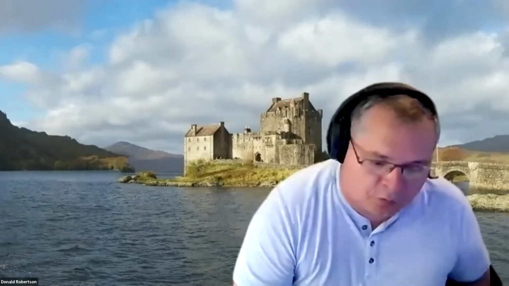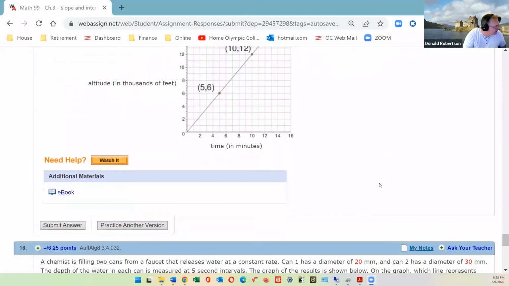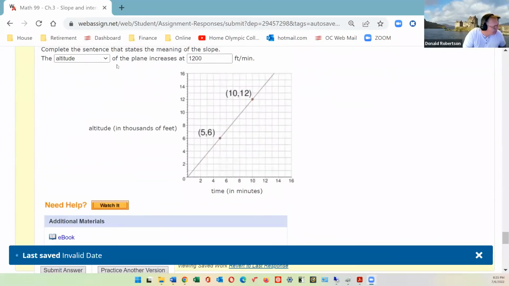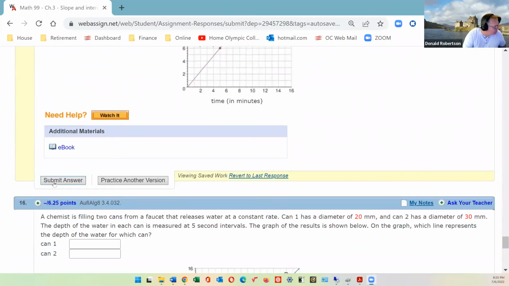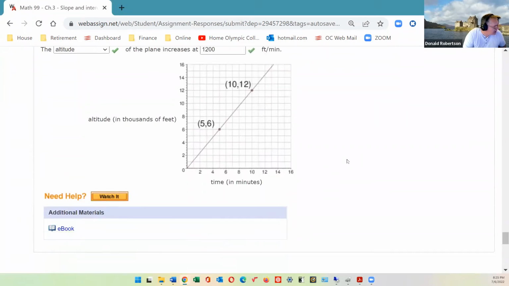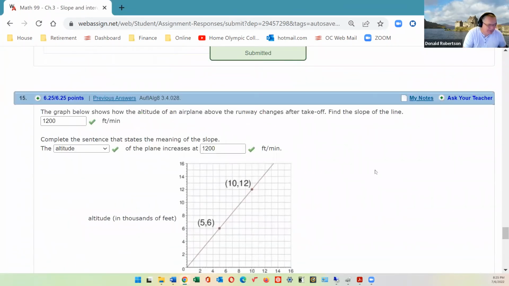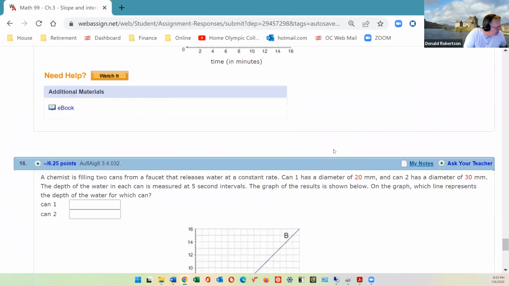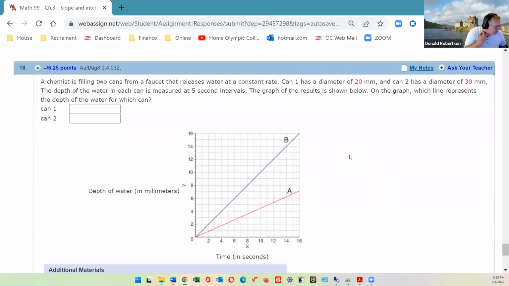Now I'm going to go back and show you what that looks like in WebAssign. So altitude 1,200. So submit answer. Am I good or am I good? Like that. Done.